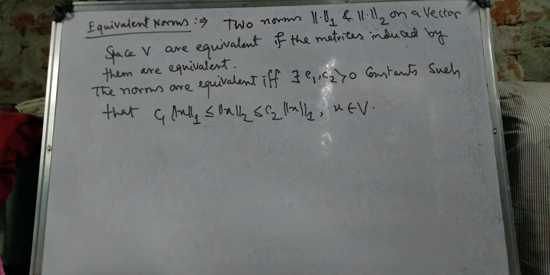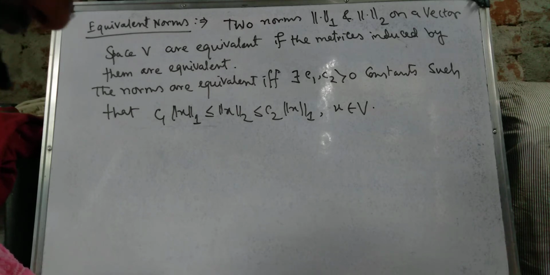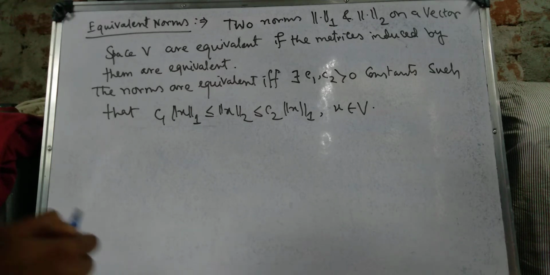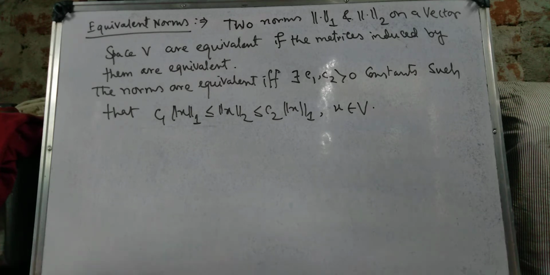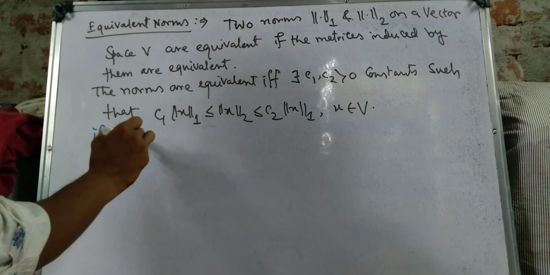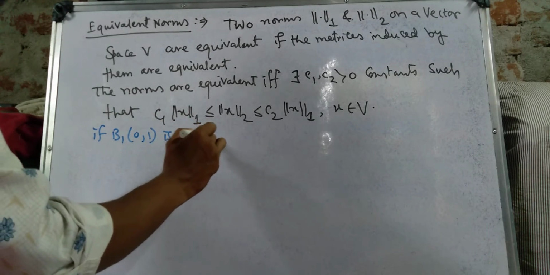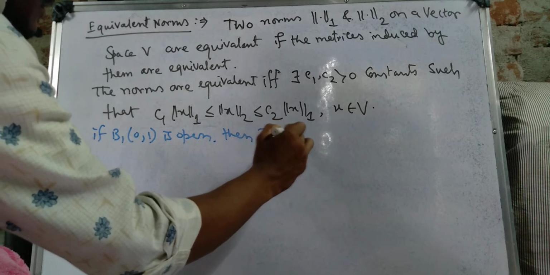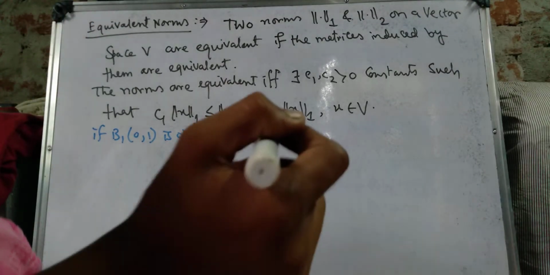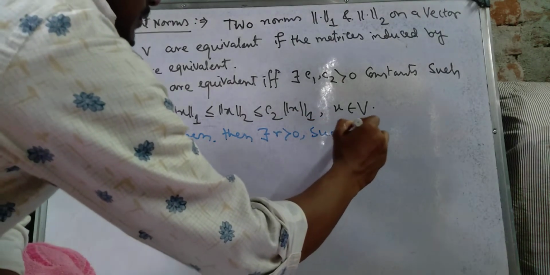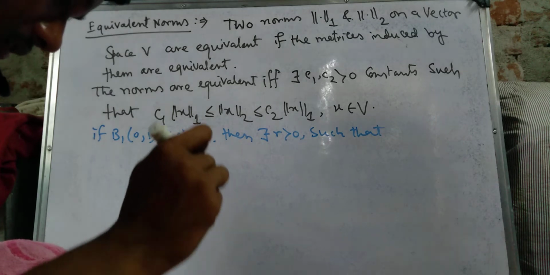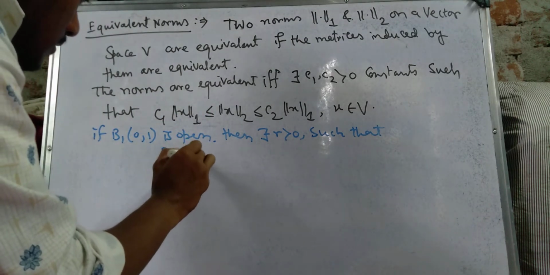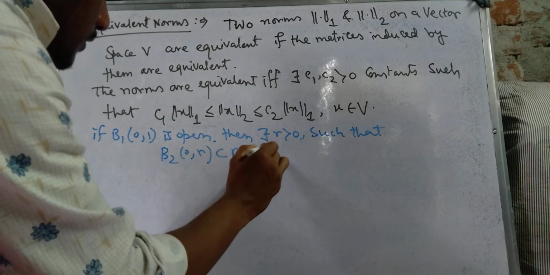Then we also discuss these things. If B1(0,1) is open, then there exists R greater than 0 such that B2(0,R) is a subset of B1(0,1).